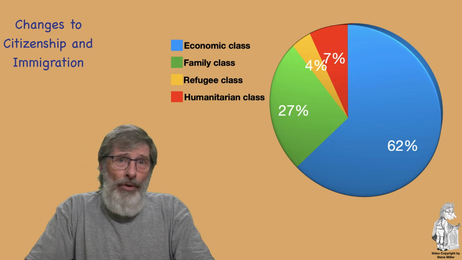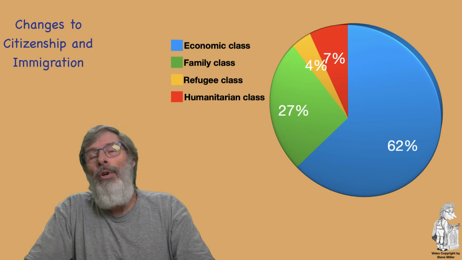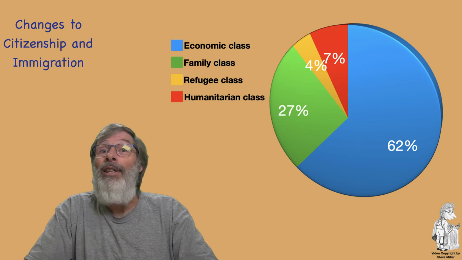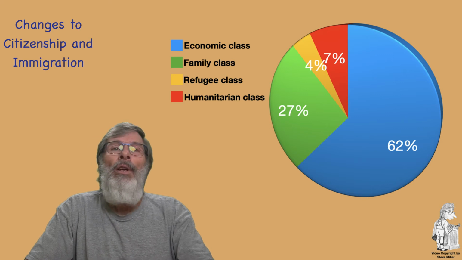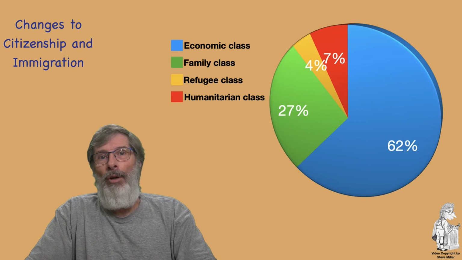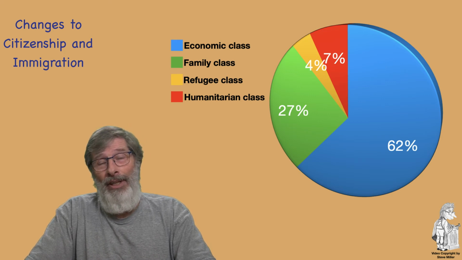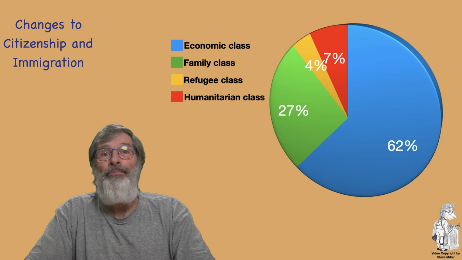And then there's a fourth class, under the other immigrants, and includes those who are admitted on humanitarian and compassionate grounds. Generally, on the whole, 62% are based on economic class and 27% on family class. That was as of 2013.